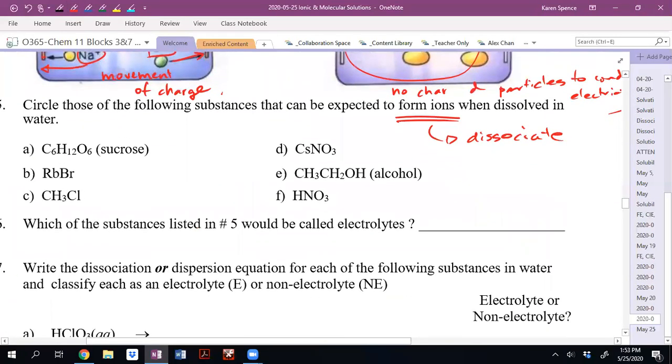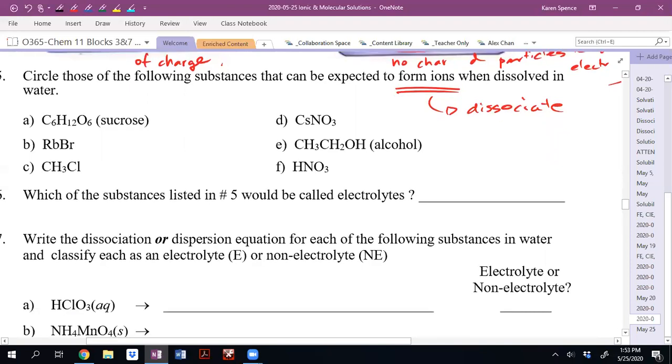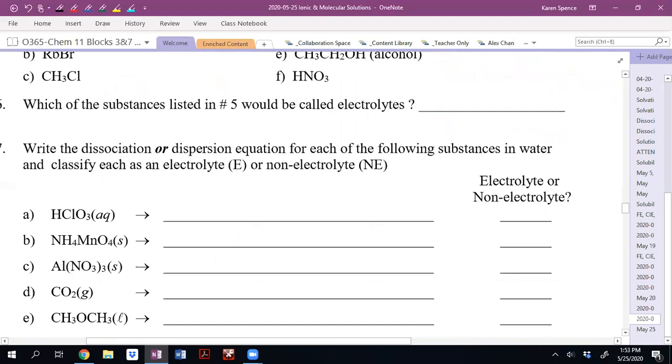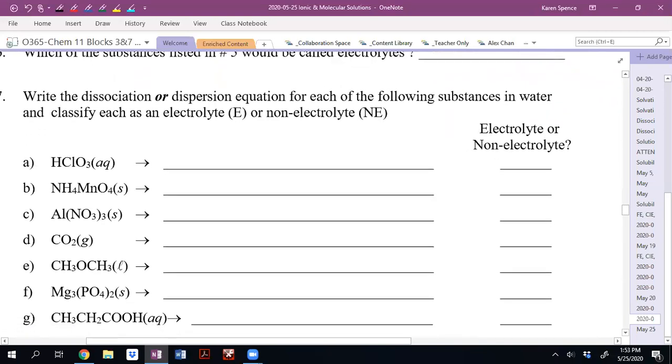Which of the substances listed in number 5 would also be called electrolytes? Well, I'm going to let you think about that one. And then finally, for our last question, number 7, you're going to write either the dissociation or the dispersion, and then you're going to decide which one is an electrolyte and which one is a non-electrolyte.